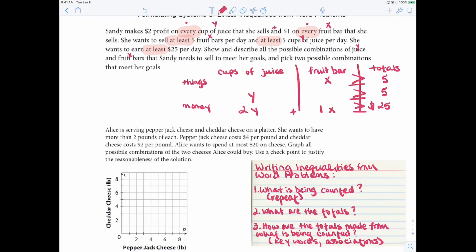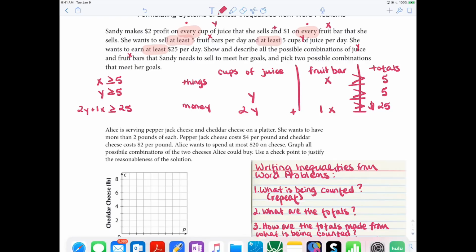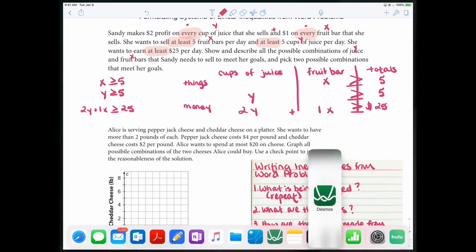So now we can rewrite our system. We have x is greater than or equal to 5, y is greater than or equal to 5, and 2y plus 1x is greater than or equal to 25. So we can graph this.